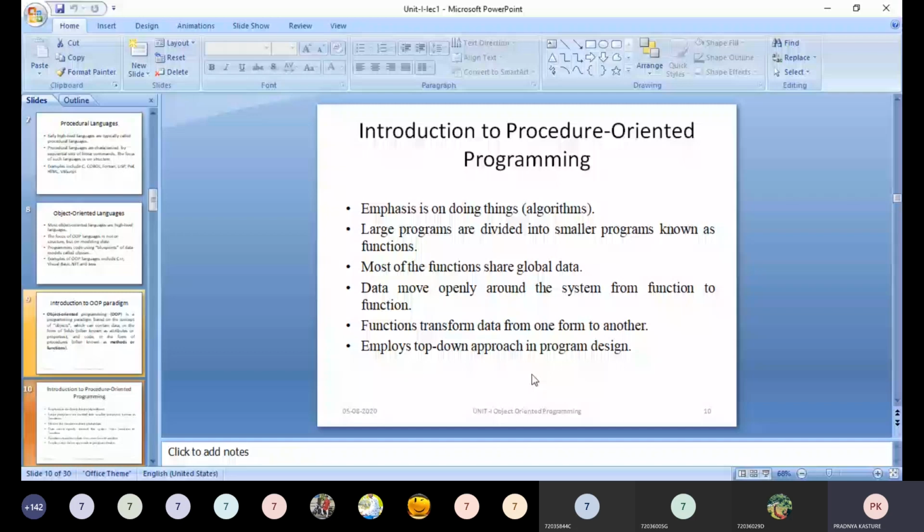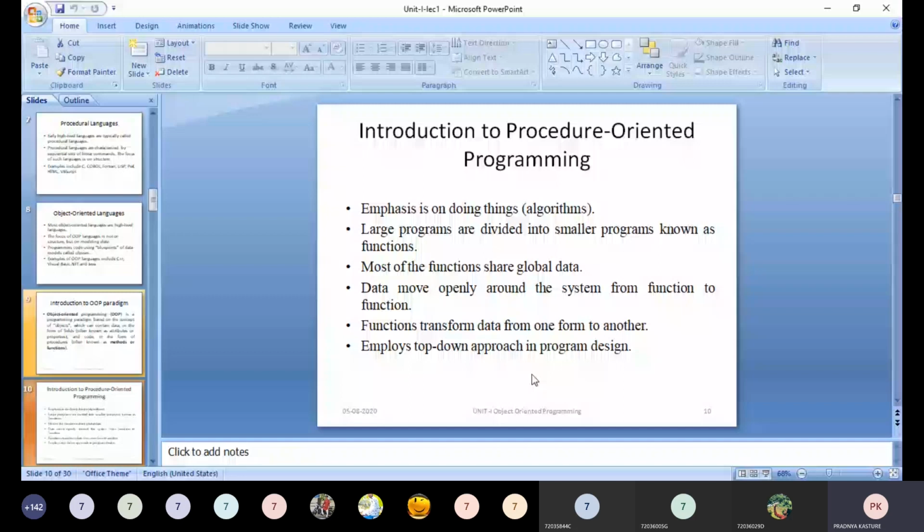It is like modular programming: different modules are connected with small functions and small programs, and then together they form a large program. Most of the functions in that case share global data, because every small function or program requires data coming from another program.